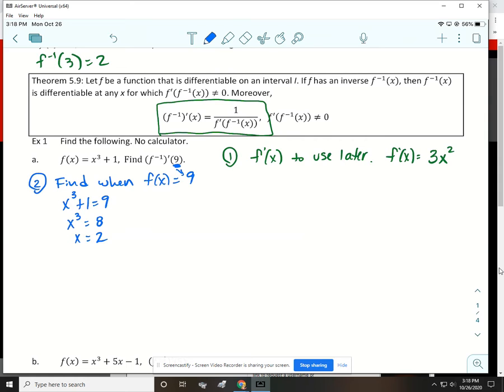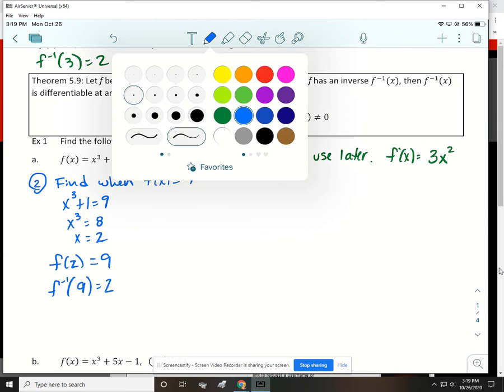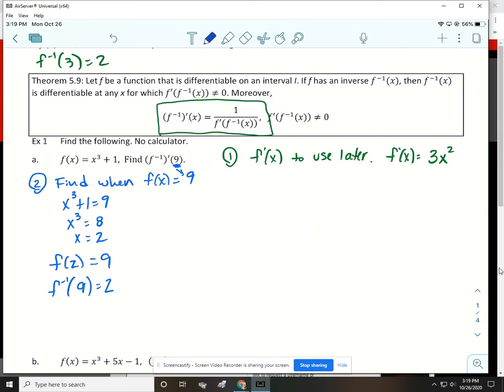Okay, so what that means is that f of 2 is 9, because when x is 2, the function is equal to 9. So what that tells us about the inverse is that f inverse of 9 is 2. We are going to need that later. That's why we're finding it. All right, so now we're ready to use the formula.